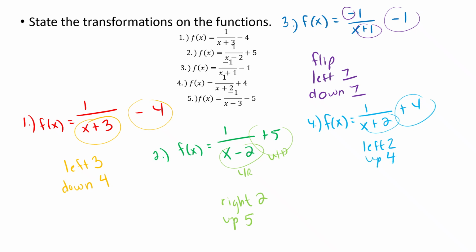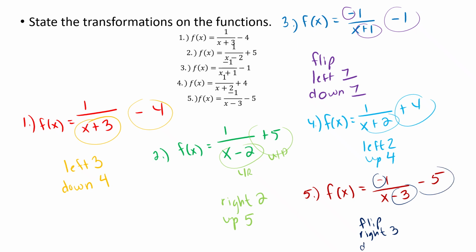And then last but not least, we have number 5, f of x is equal to negative 1 over x minus 3 minus 5. And we have a flip or reflection. Make sure you answer that however your teacher wants you to answer that question, the vocabulary and notation that your teacher is requiring. This is going to be right 3, and this will be down 5.